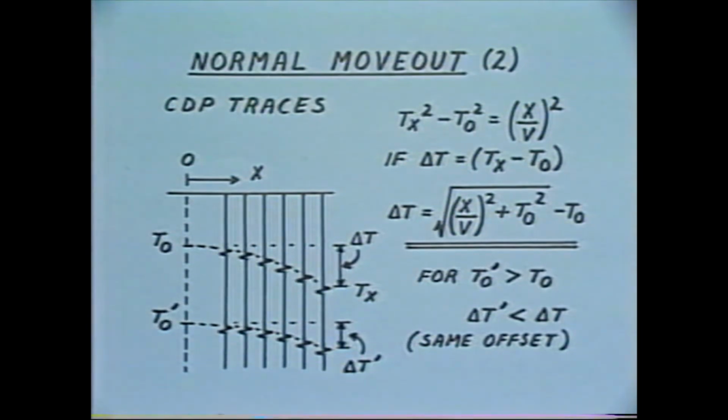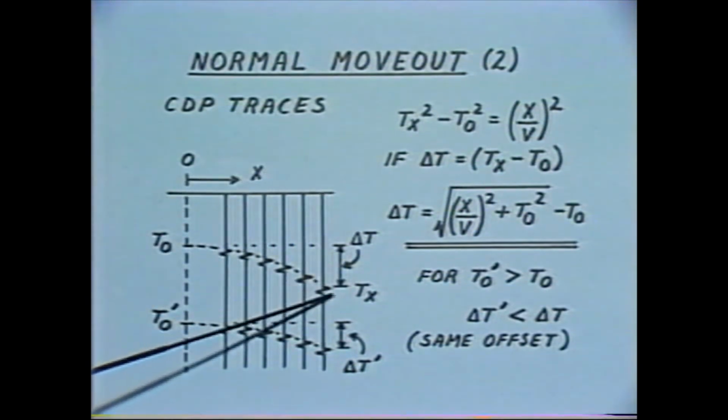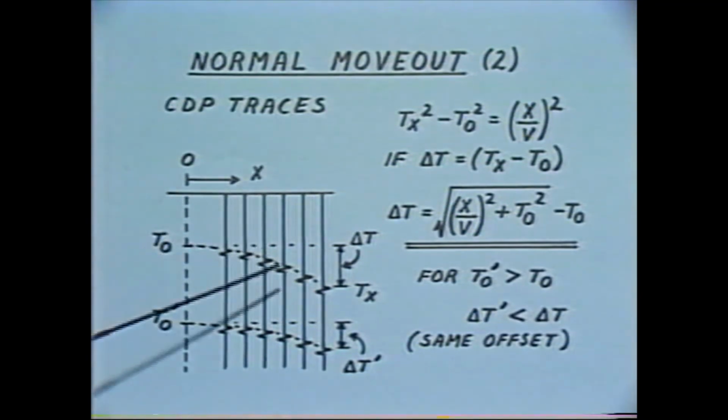So that is the definition of normal move-out. That delta t is often referred to as the normal move-out of this reflection. And of course it relates to a specific offset from the source to receiver.